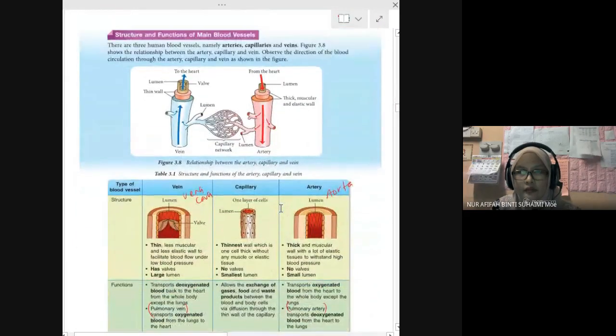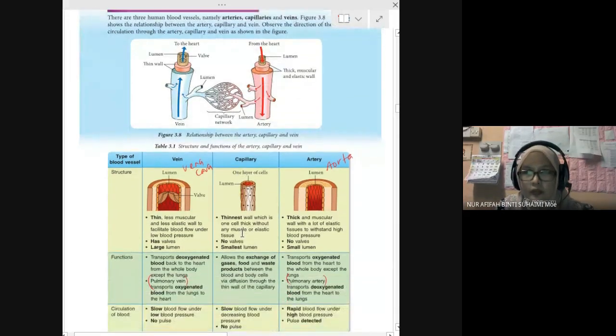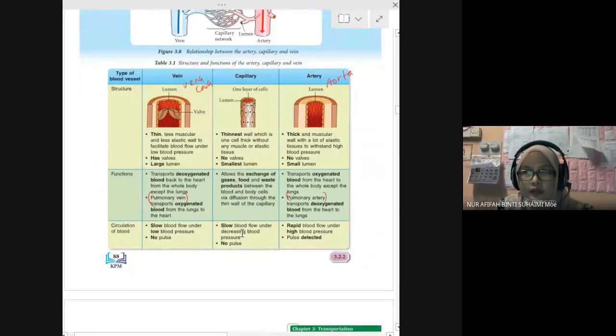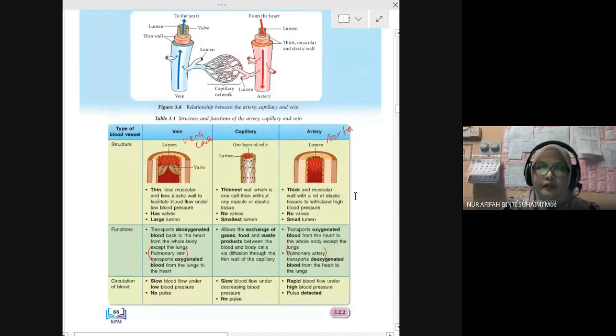Okay, now for today, we go to the comparison between vein, artery, and capillary. If you look at the table here, table 3.1, we have 3 different structures. This is the valve, the flap here.